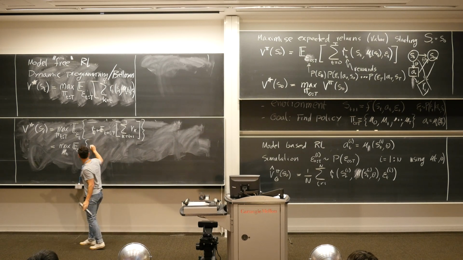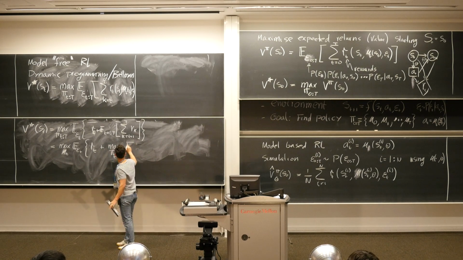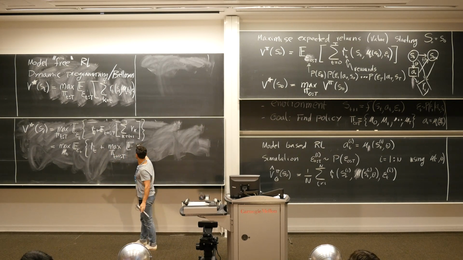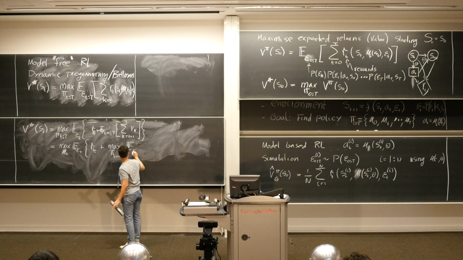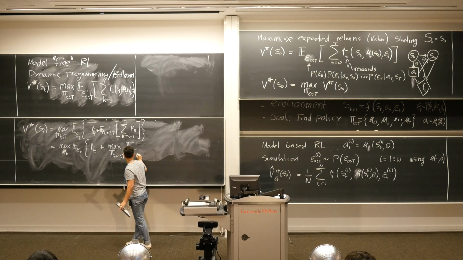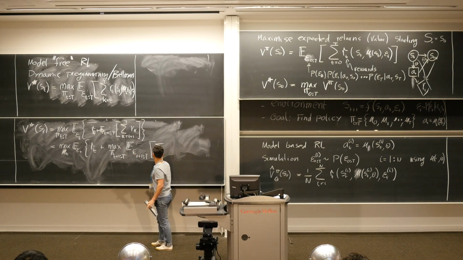So I can now rewrite this as RT plus the max over pi t plus 1 to capital T of the expectation over epsilon t plus 1 to T of the reward function.